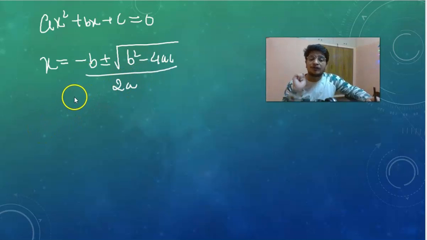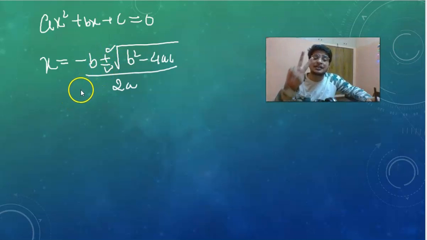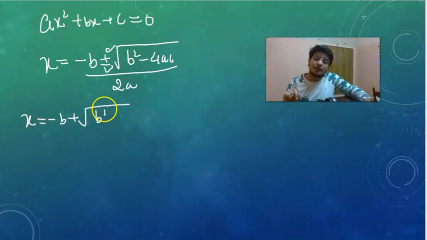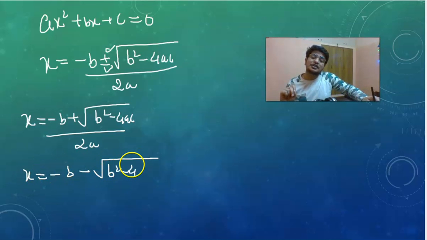We can see that there is plus and there is minus, which means that it has two roots. The first root will be x is equal to minus b plus root over b square minus 4ac by 2a, and the second root is x is equal to minus b minus root over b square minus 4ac by 2a.